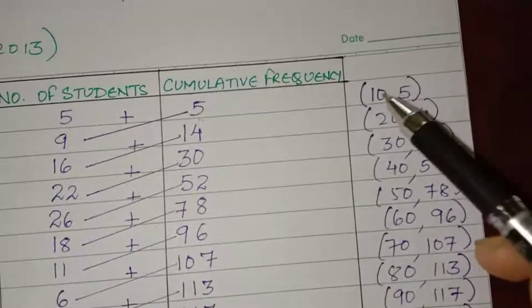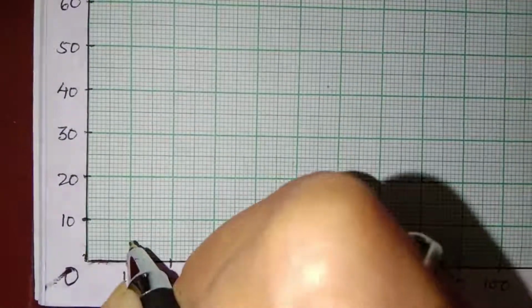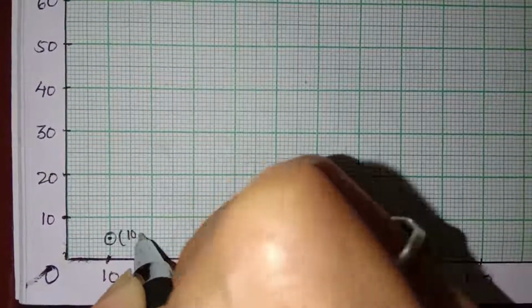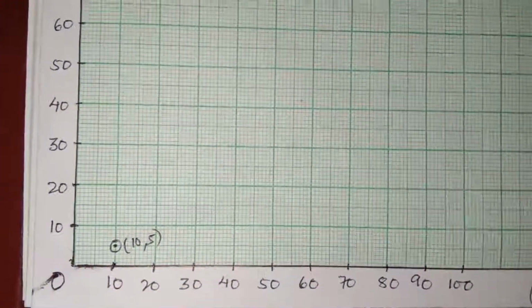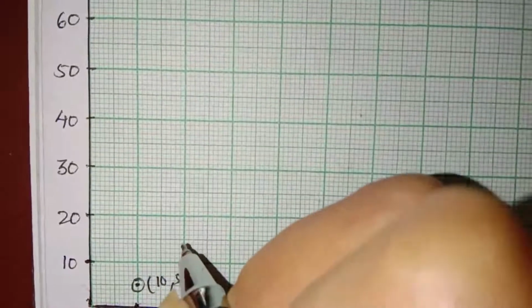So now we will start plotting, and till 120 only we have to write. We have to plot (10, 5), (20, 14), (30, 30), and (40, 52). So 10, 5 is here. Second point is 20, 14, here is 14.